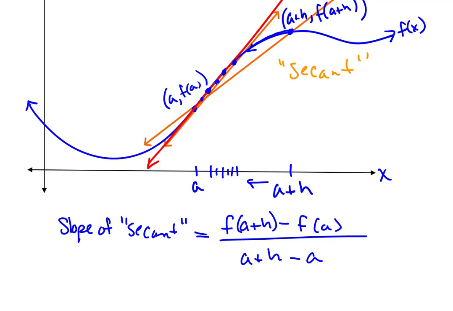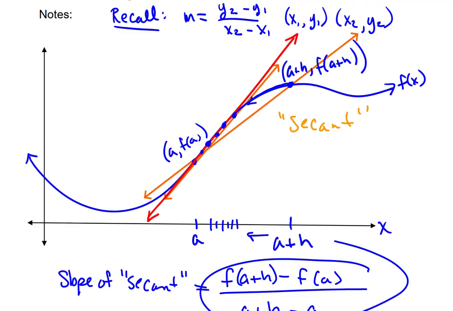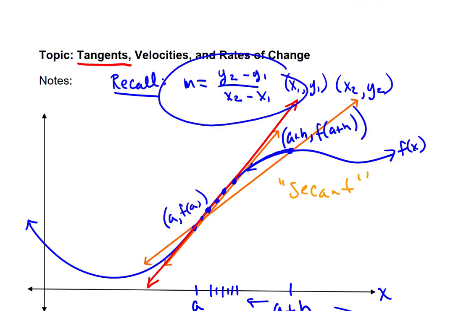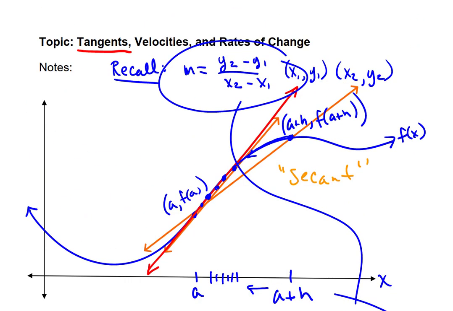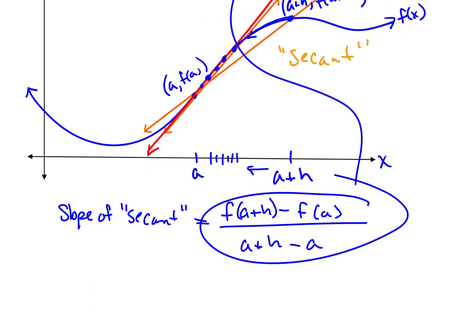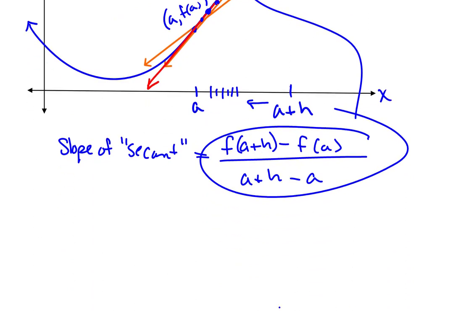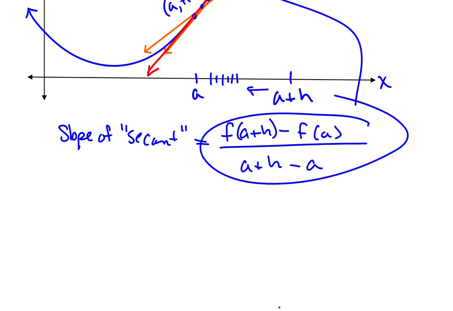So really, this slope formula for the secant line is the same thing as the slope formula for any old line we learned in algebra class. Of course, we're using function notation here, but it really is the same formula. We can simplify this one step in the denominator.